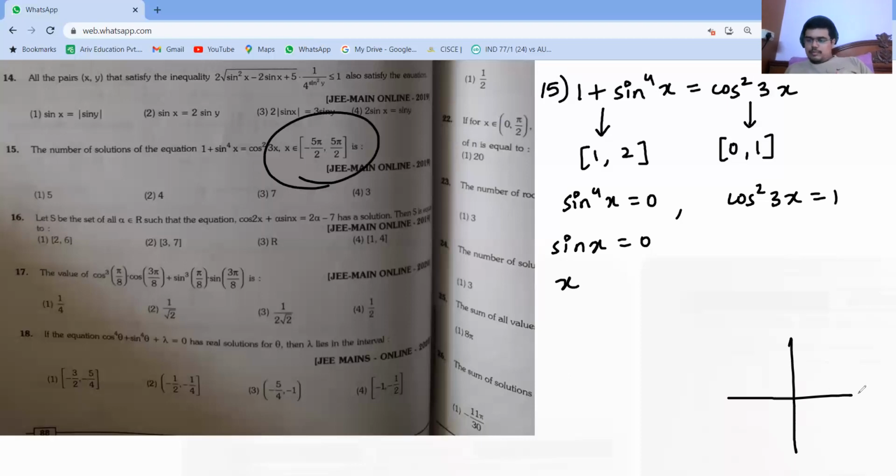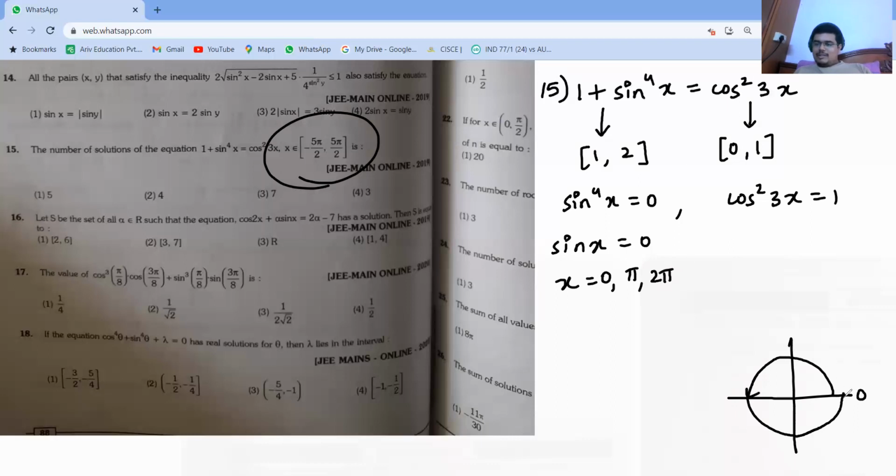So we'll start with 0. X is 0 because sine of 0 is 0. The next value will be pi. This is 3 pi by 2. 4 pi by 2 लेना पड़ेगा which is 2 pi. And see, 5 pi by 2 यहाँ पे end हो जाता है. So there are 3 such values. Are you guys following this? Yeah.